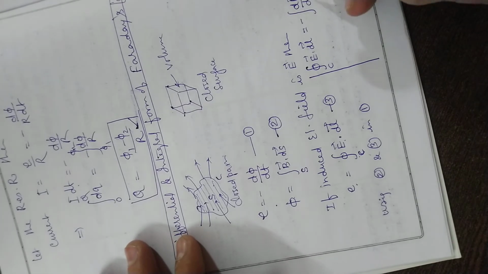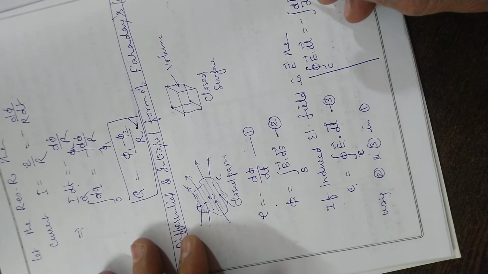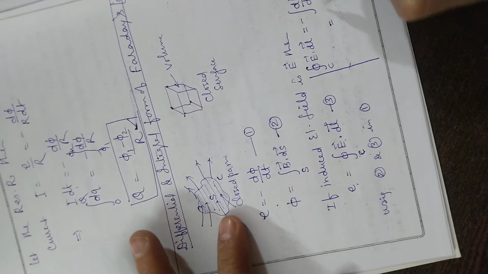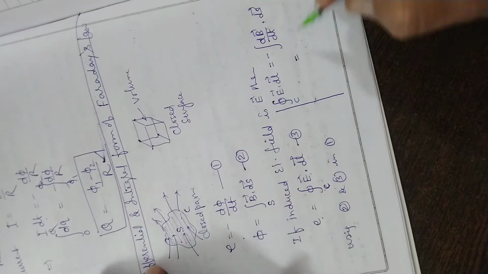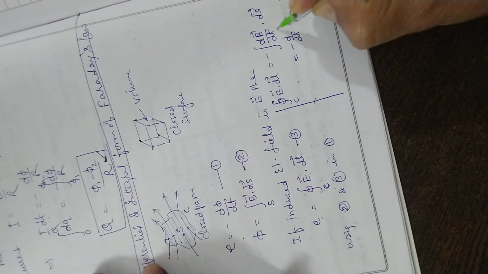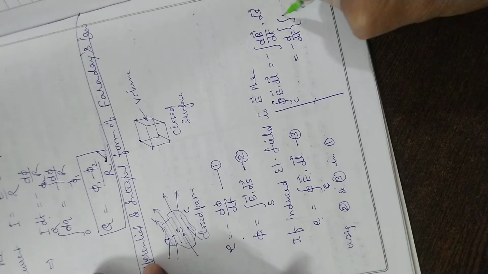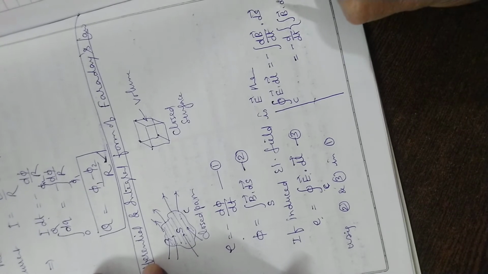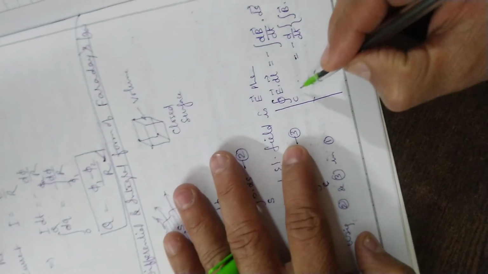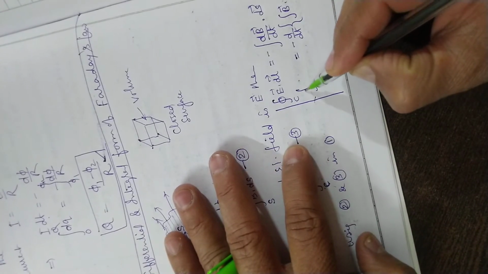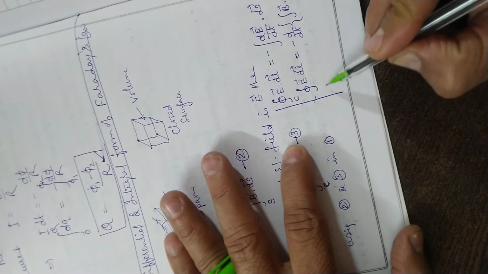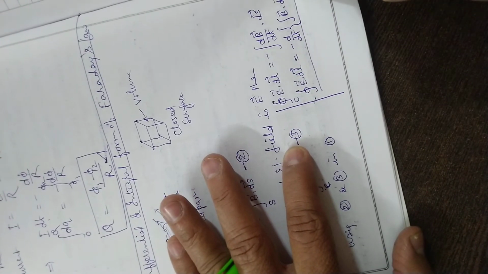This is what I'm going to get. Or it can be written as minus d upon dt of the integral of B dot dS.